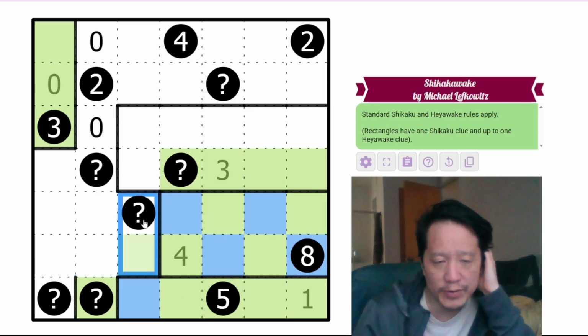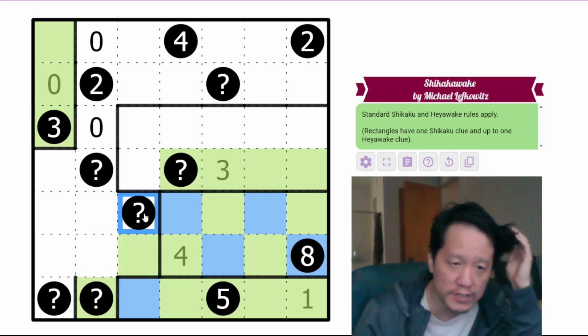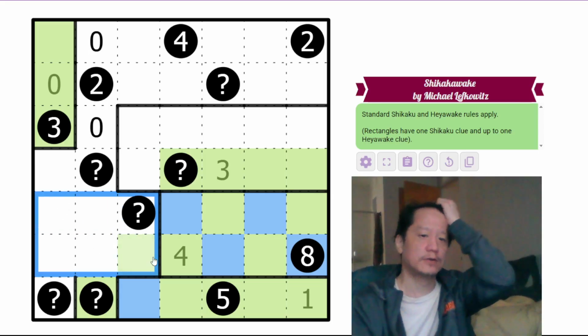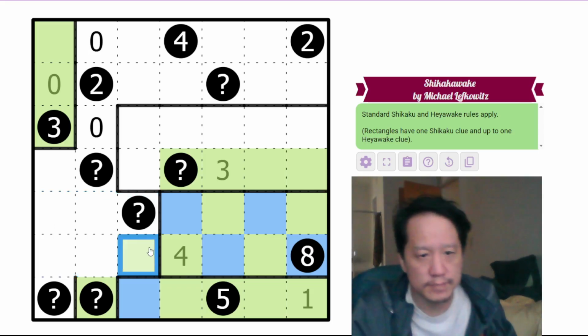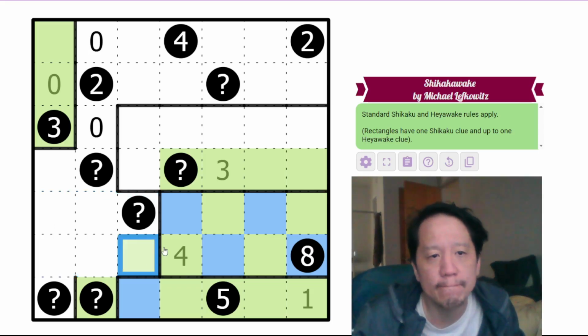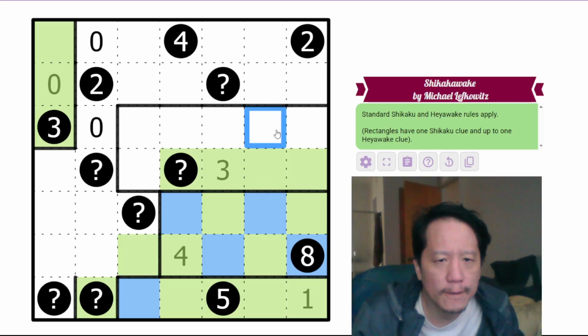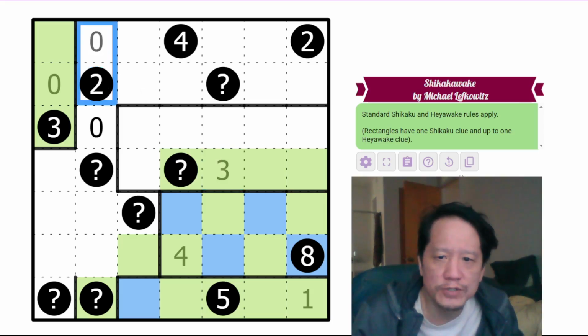So these have to be part of the same region, but it could extend there, it could extend there. We have 3 in these spaces. So if it's 2 and 0 there, that means this is shaded.